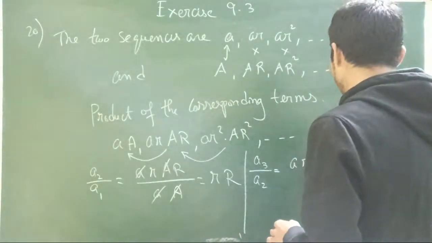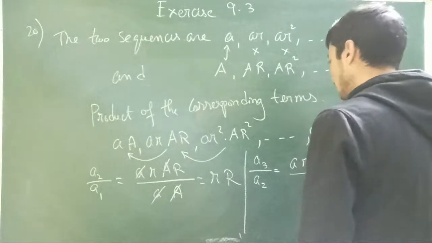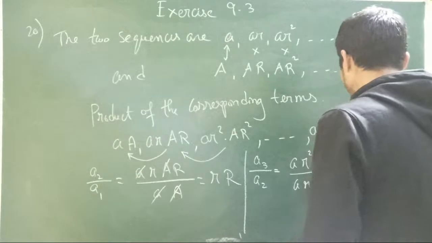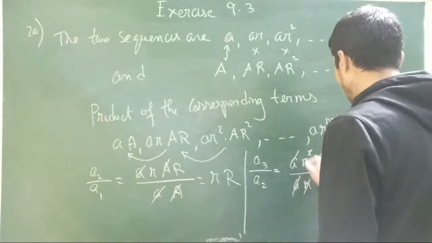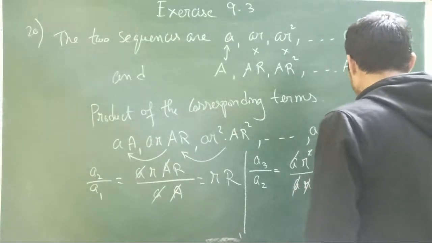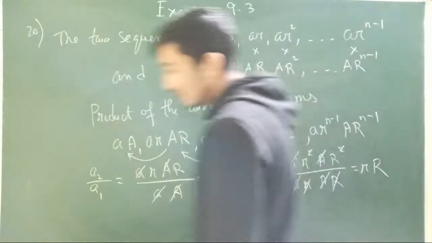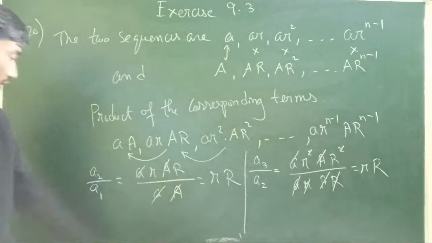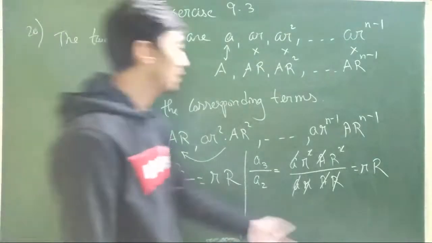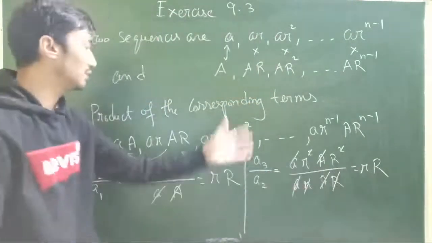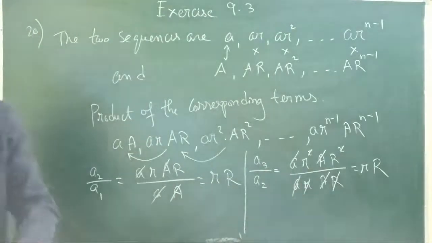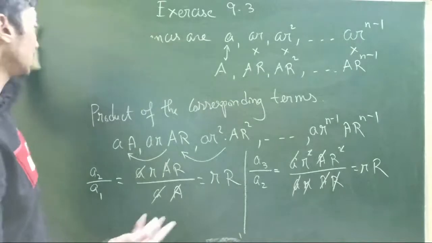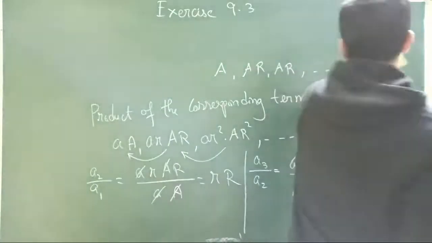AR square divided by AR into A into R, R square. What is left again? R into R. I'm very sure that if you continue like this, you will have the same common ratio here. So likewise, we see that we have a common ratio. So ultimately, that's the proof. You don't have to go too far.